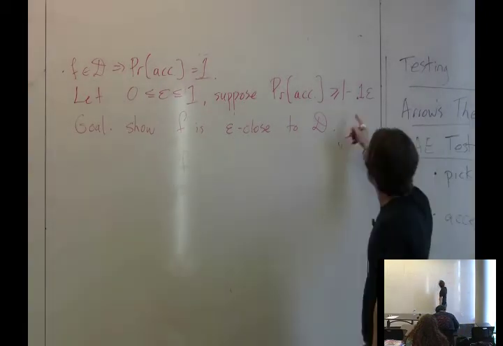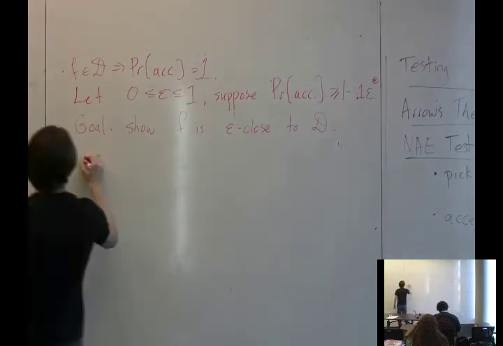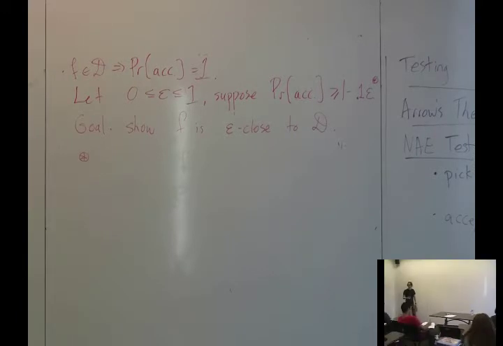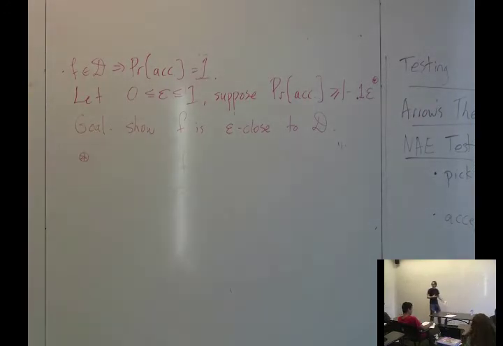Let me call this statement star. If the overall test passes with probability at least 1 minus 0.1 epsilon, it's composed of two parts, then actually both of them have to pass with probability at least 1 minus 0.1 epsilon. If one of them rejected with probability 0.1 epsilon, then the overall test would reject with at least that much probability.